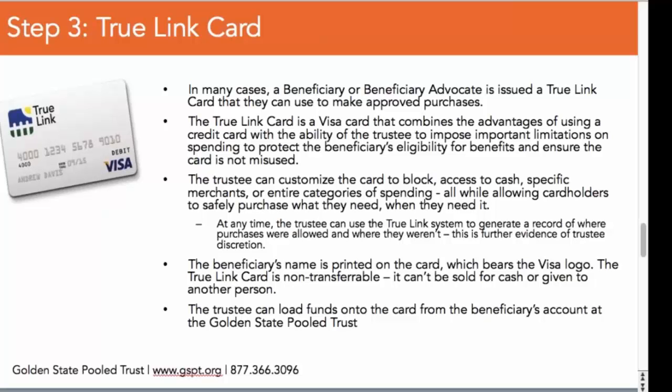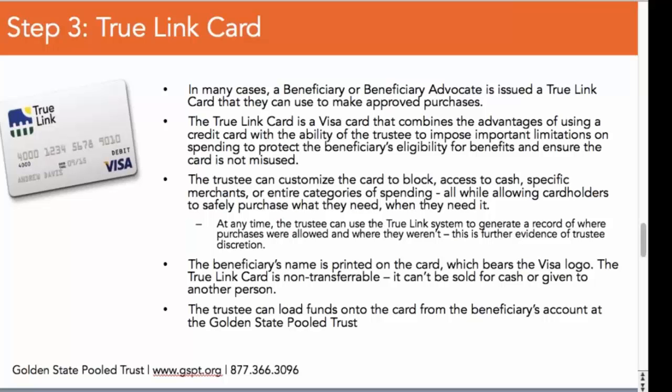And what the TrueLink card is, it's a Visa card, which combines the ease of use of any old Visa card with the ability of the trustee to impose limitations on how the funds can be used to protect benefits eligibility and also make sure the card isn't misused.